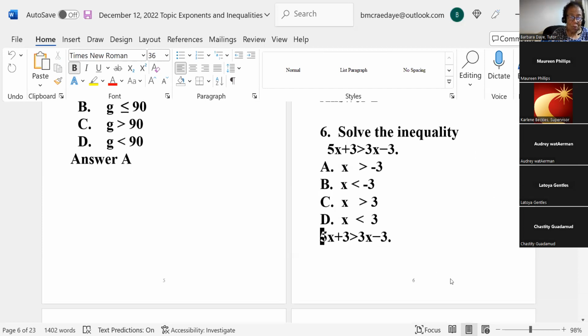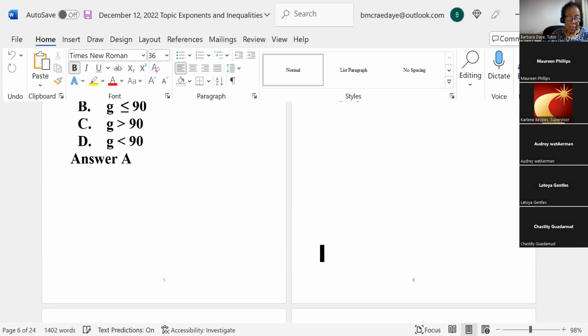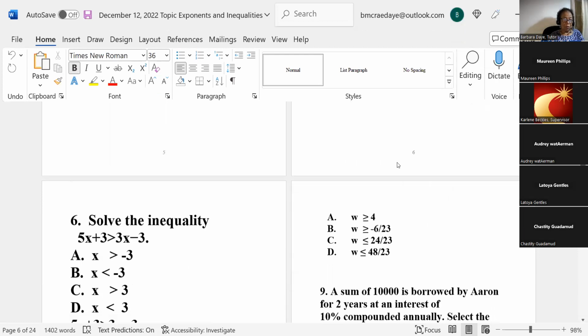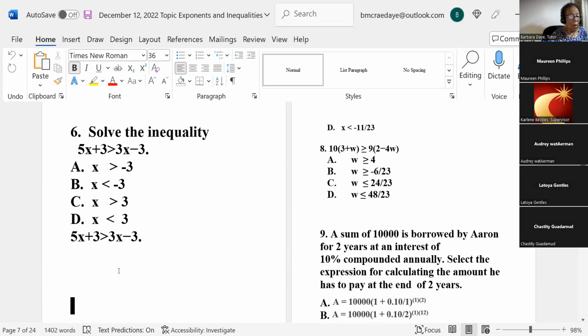So Audrey, what would we do first? I'll put this all on another page so we work with everything on one page. Now, Audrey, if I want to get all my x's together and all my 3's together, what would I do first?